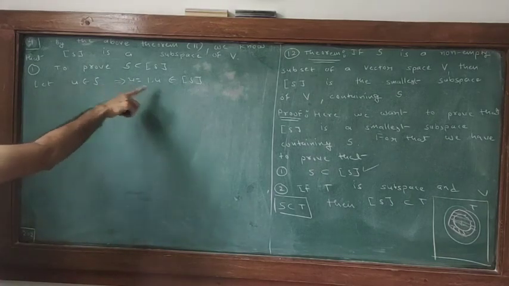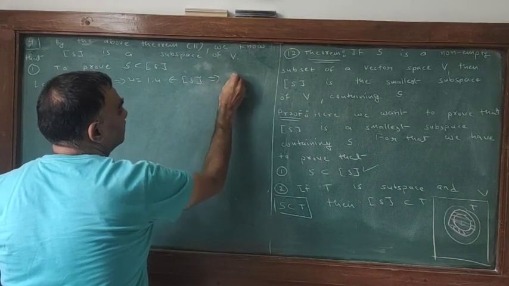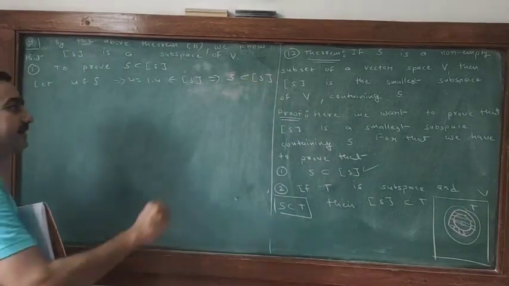It means whatever u is in S, it belongs to span S, and therefore S is a subset of span S.